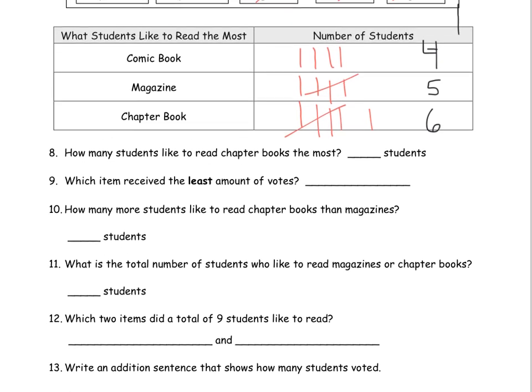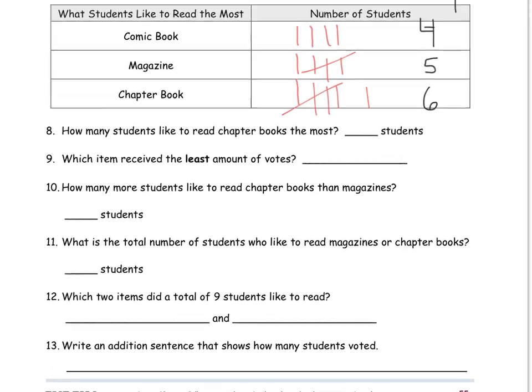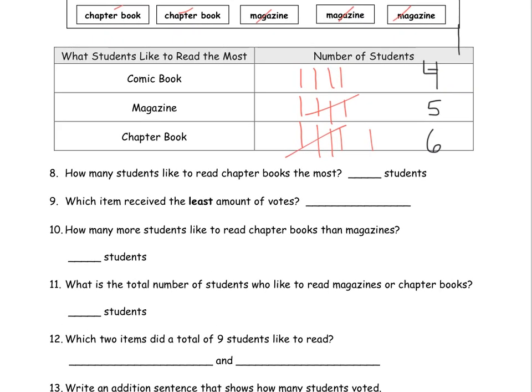All of these are going to be based around my data here, so it's important that I have all that data correct. And I'll do 8, and then I'll do 10. So 8 says, how many students like to read chapter books the most?